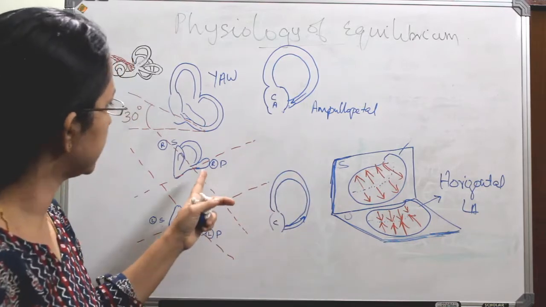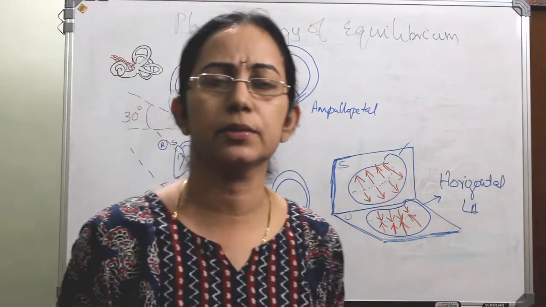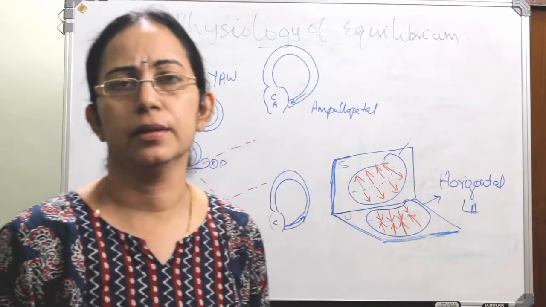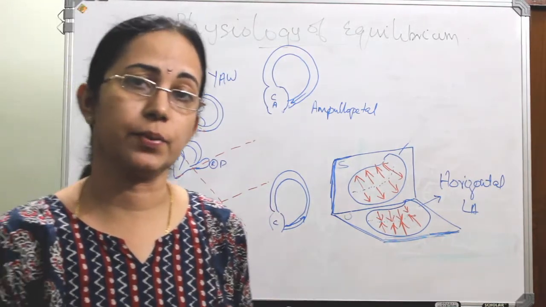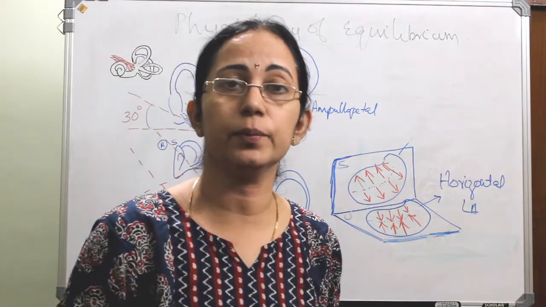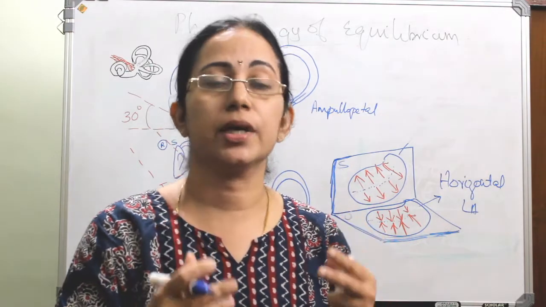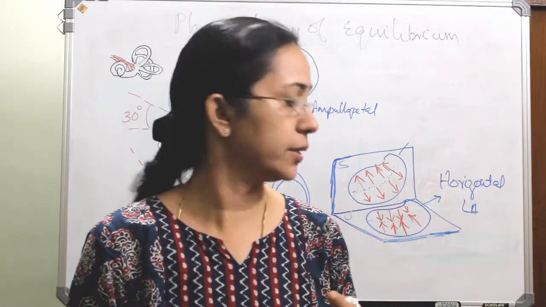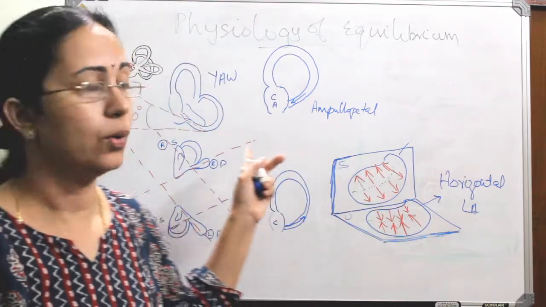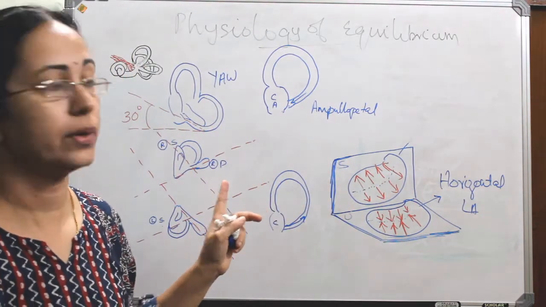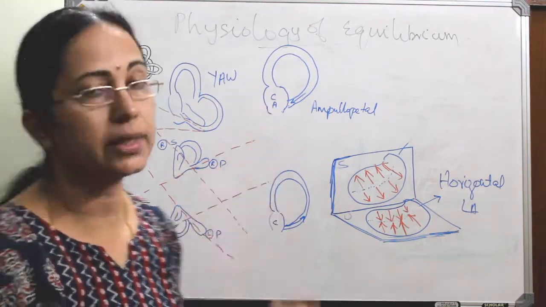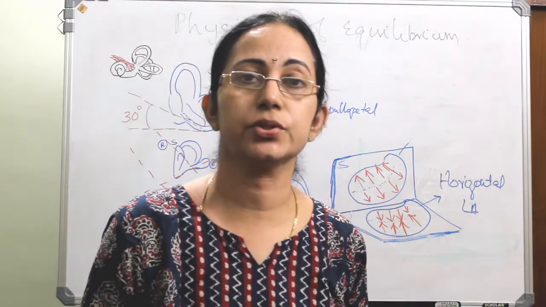Okay, and the posterior as well as superior semicircular canal respond to both. What are the other movements? They are the pitch and the roll movement, and the yaw movement is by the horizontal semicircular canal. Okay, so these are the three types of angular motion of the head.